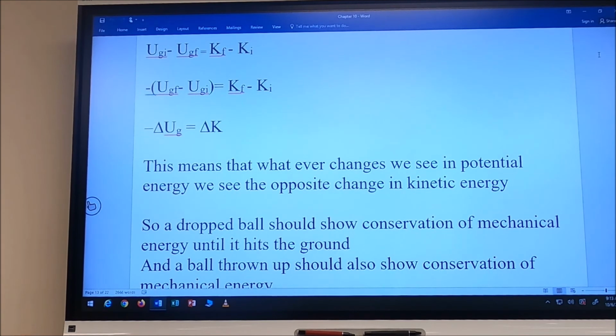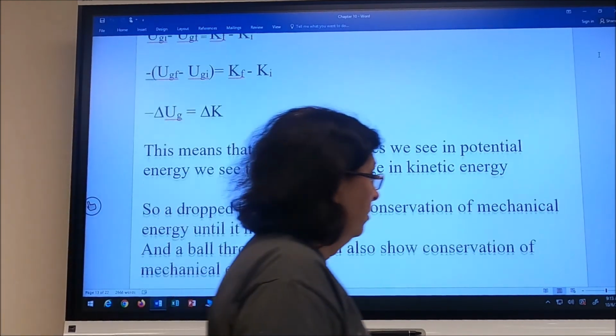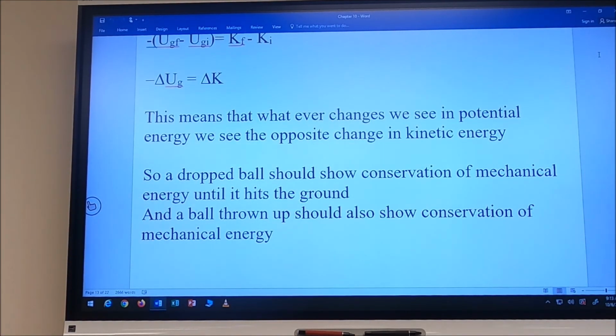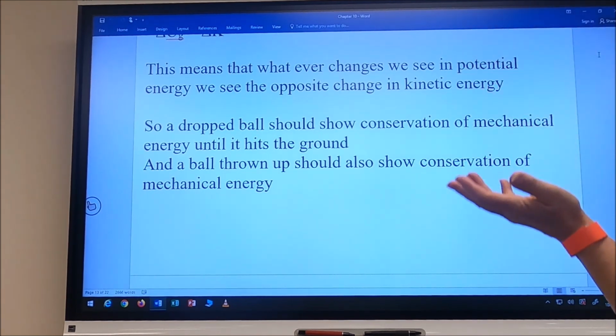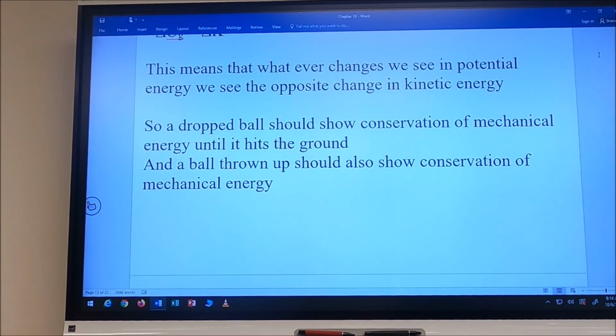So if we drop a ball, okay, and we're under the influence of gravity and gravity only, no friction, we can see that the gravitational potential energy that the ball had to begin with is going to be slowly converted into kinetic energy as the ball drops. By the same token, if I throw a ball up, it's going to start out with kinetic energy, and as it goes up, the kinetic energy is going to be transformed into potential energy, okay?